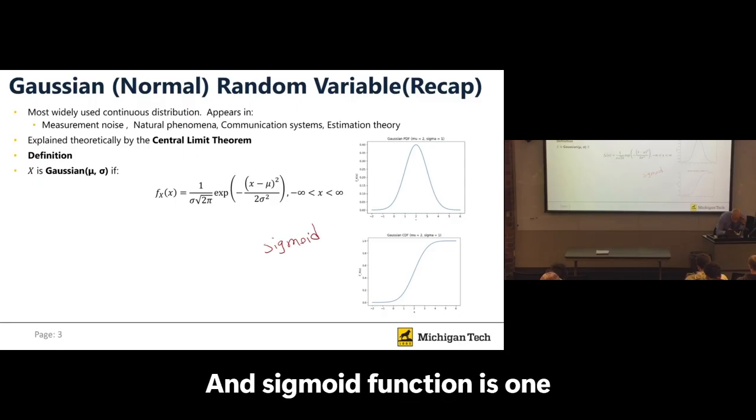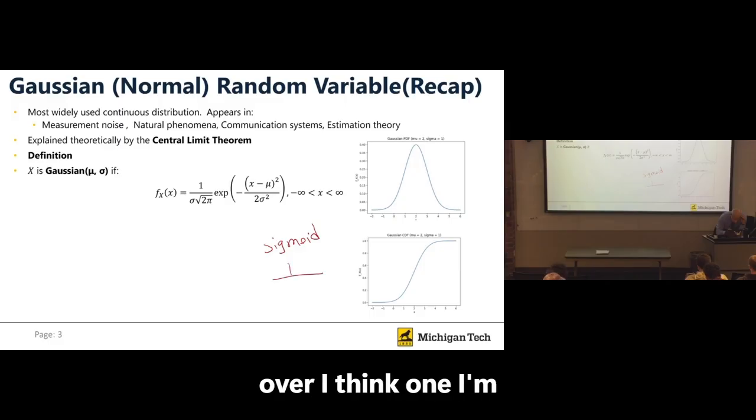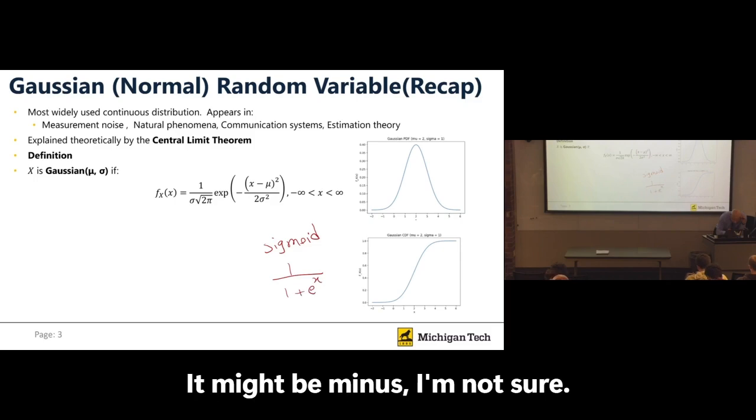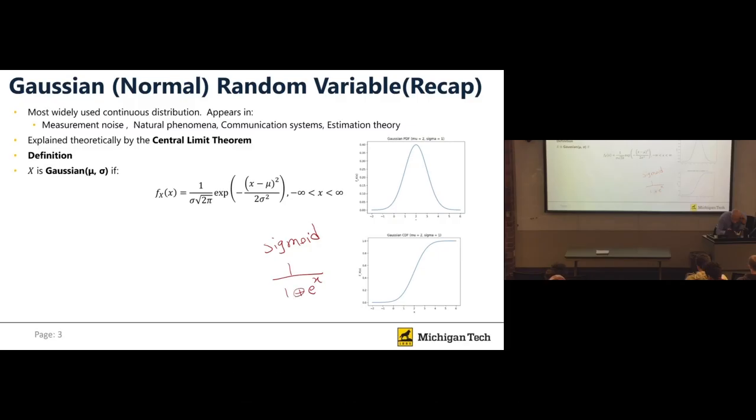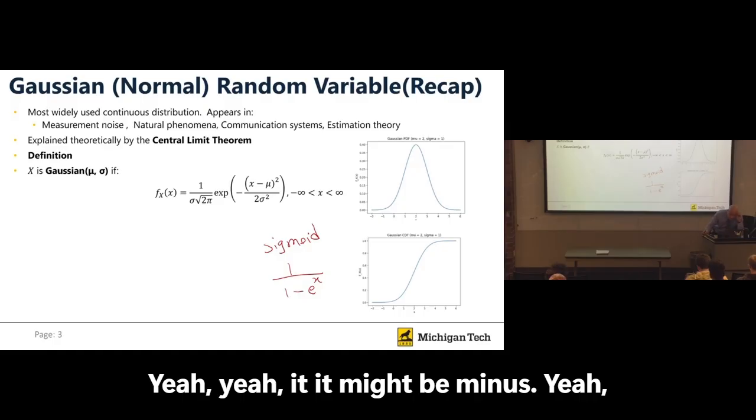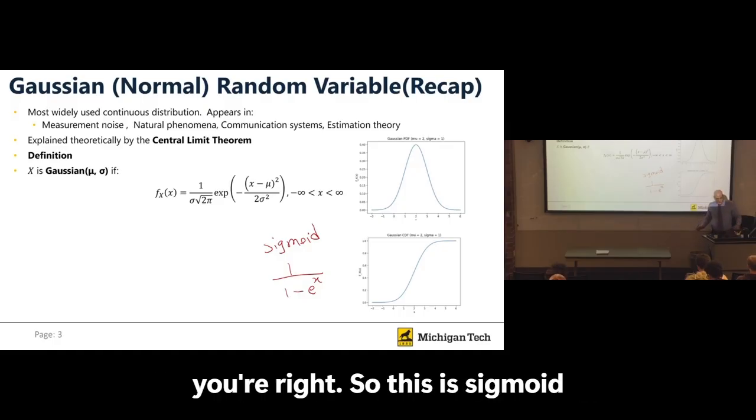And the sigmoid function is 1 over 1 plus e to the power of x. It might be minus, I'm not sure. Yeah, it is minus, you're right. So this is the sigmoid function.